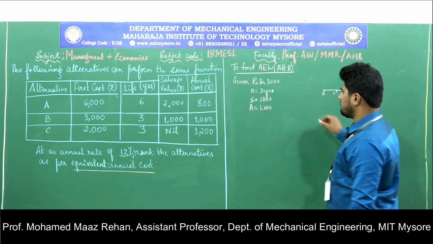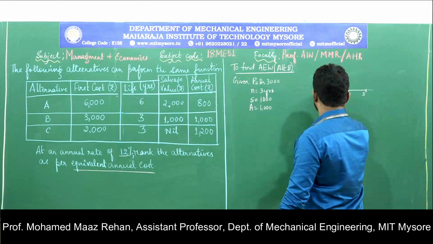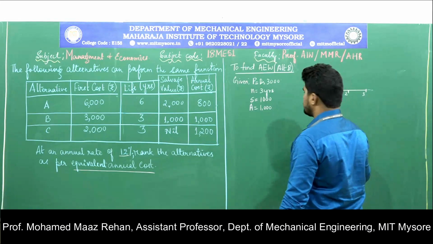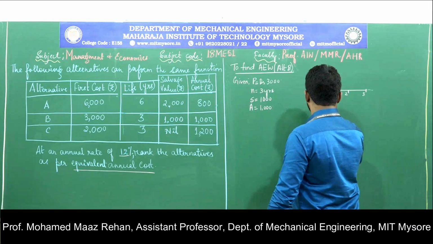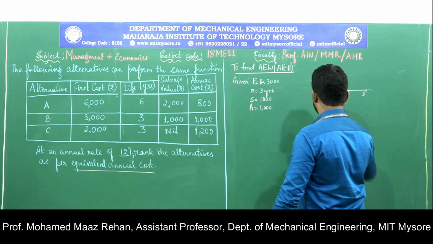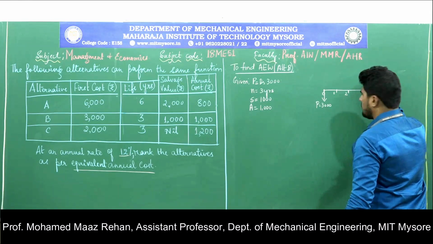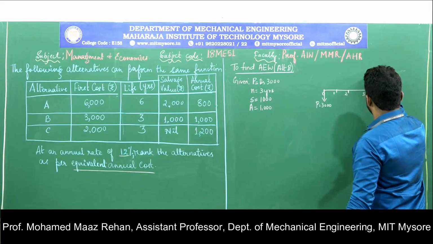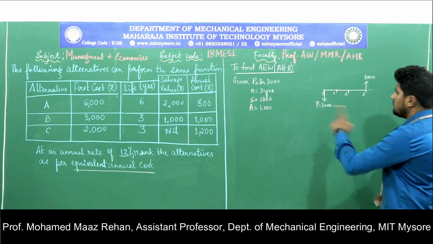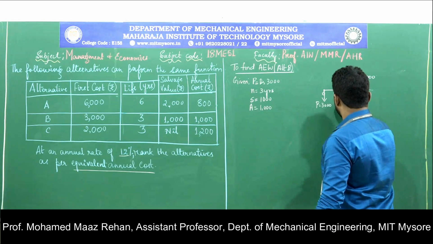Okay, first cost they have given as 3000, that is P, 3000. Salvage value, that is future value, they have given as 1000, and annual cost they have given as 1000.